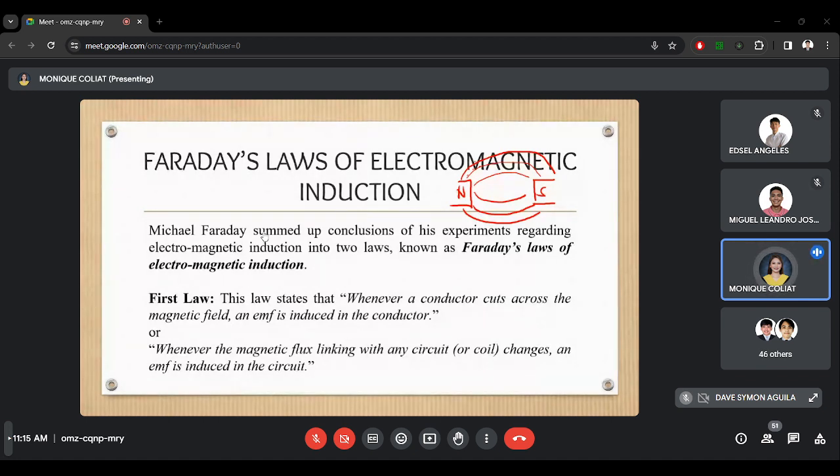Then we have the flux. The flux flows from North to South Pole, right? North to South Pole.